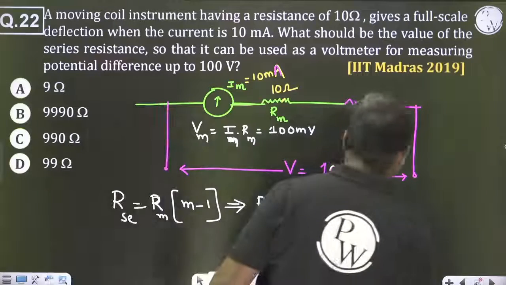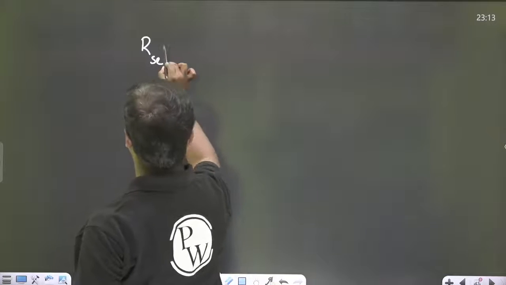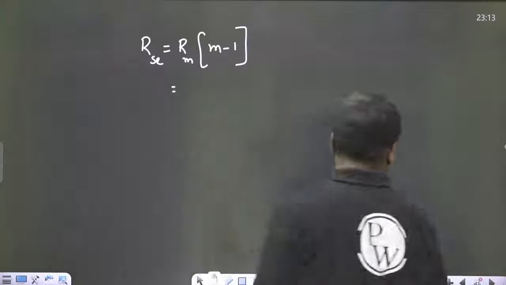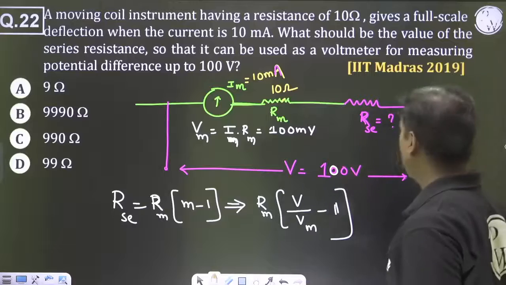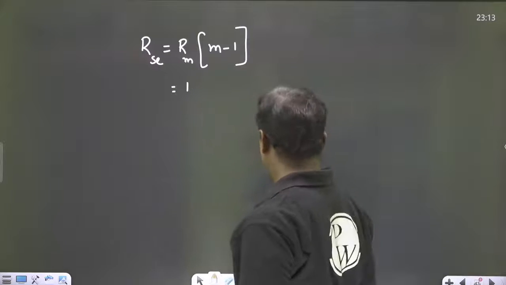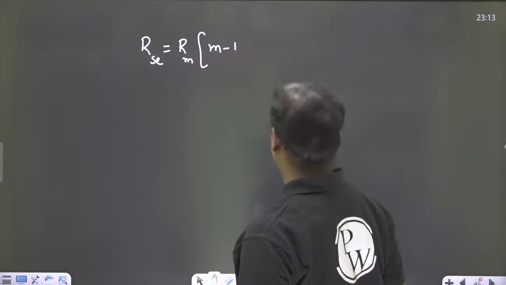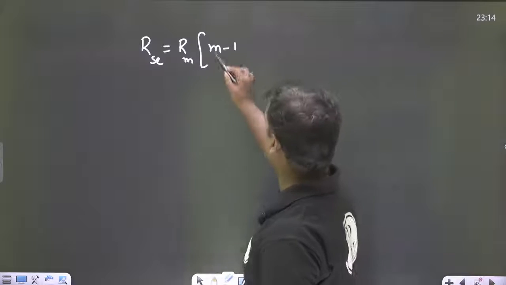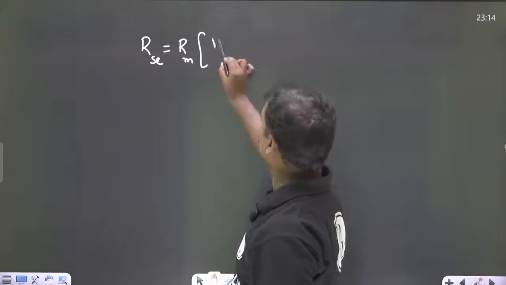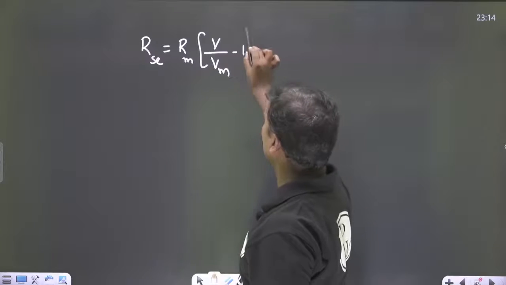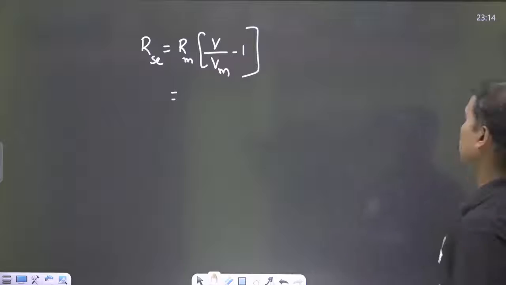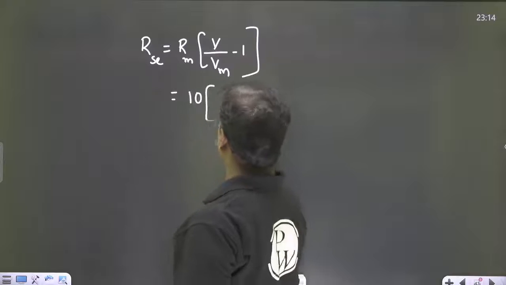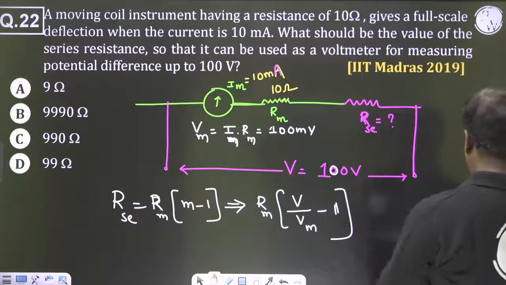Let me substitute here. Rse is equal to Rm into (V by Vm minus 1). What is Rm? 10 ohms. V is 100 volts.